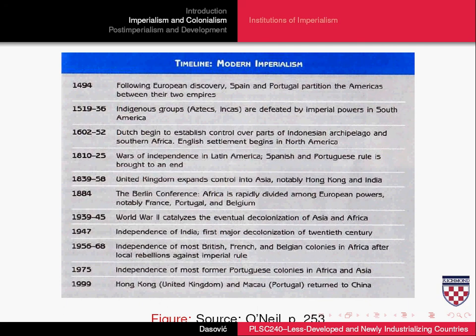Now, of course, as we know, decolonization in much of the developing world really only starts to take place after 1947, and then really hits full swing in the 50s and the 60s. Okay. Interestingly, it was only in 1975, after the collapse of the military dictatorship in Portugal, that Portuguese colonies in Africa and Asia became independent.